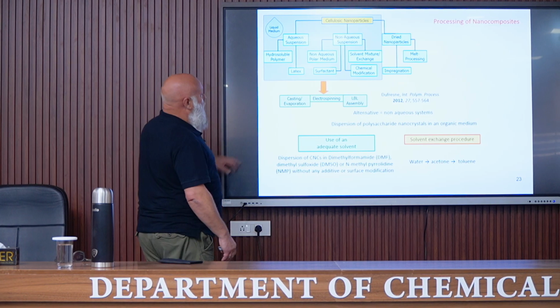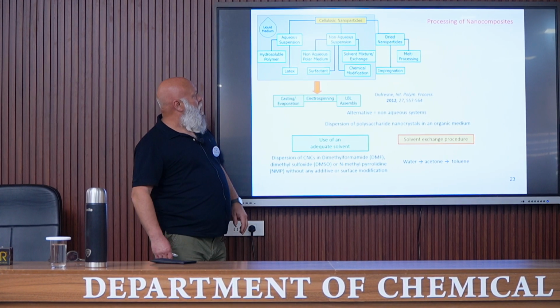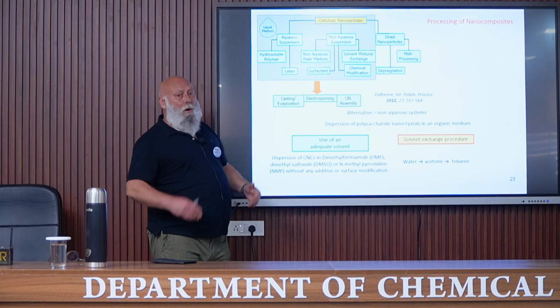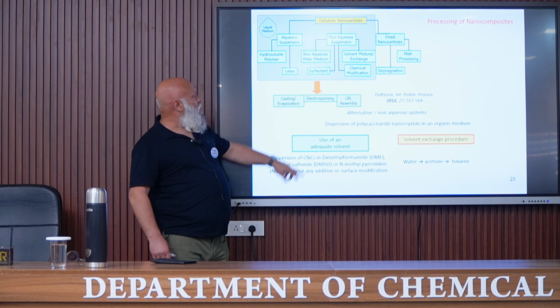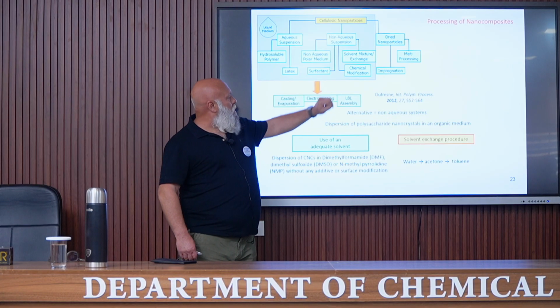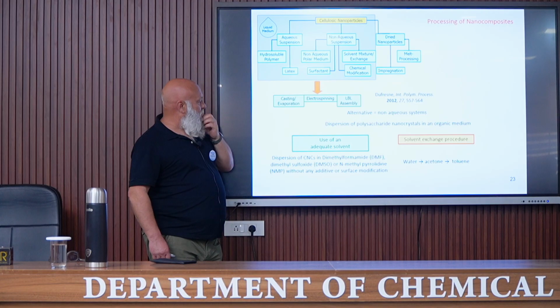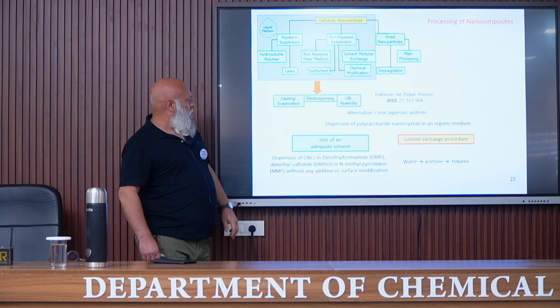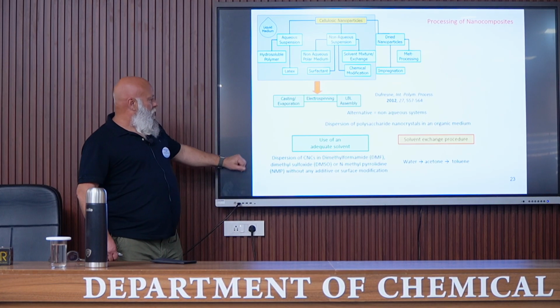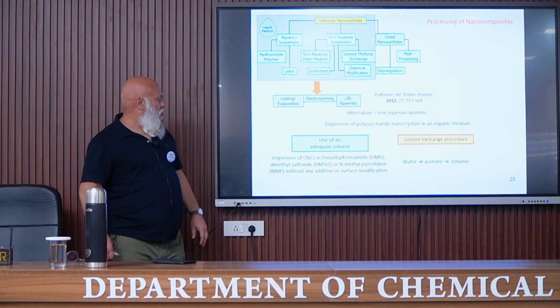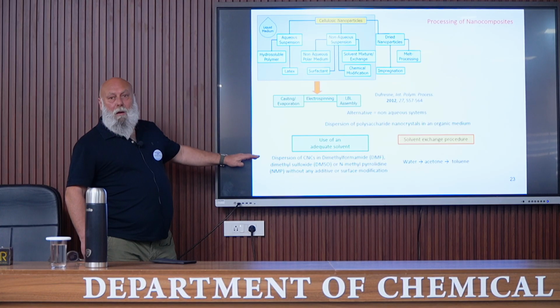And this is possible for some non-aqueous polar medium, for some solvent mixture, or we can proceed to a solvent exchange. We can use surfactant or chemical modification. And again, we can use the same processing technique. Use of an adequate solvent. It was shown that nanocrystals can be dispersed in different polar liquid medium.